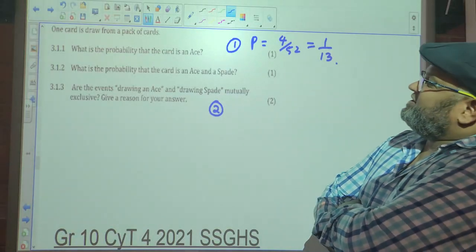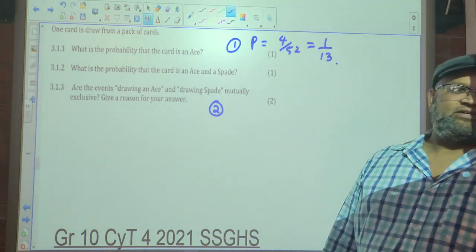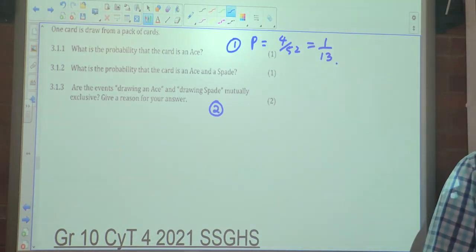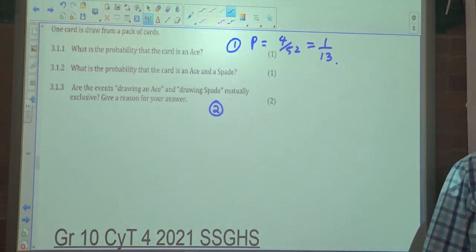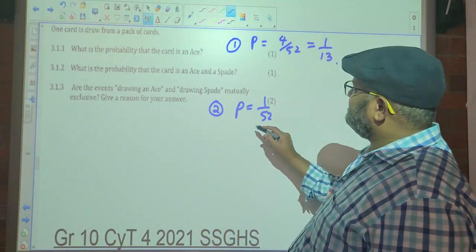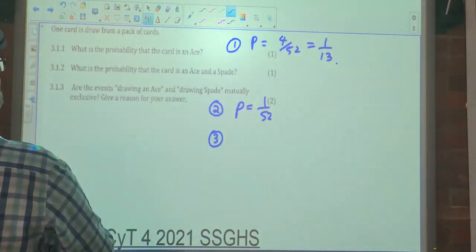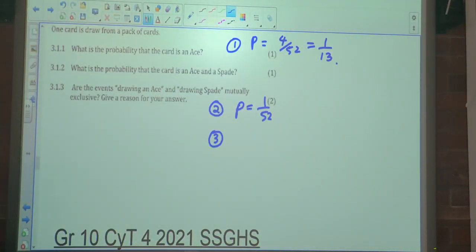What's the probability a card is an ace and a spade? So how many aces of spades are there? There's one ace of spades. So the probability is 1 out of 52. Number 3. Are the events drawing an ace and drawing a spade mutually exclusive? No. Why?